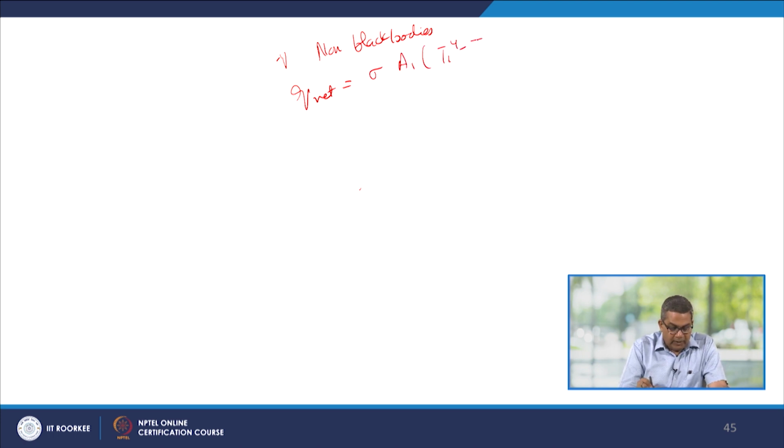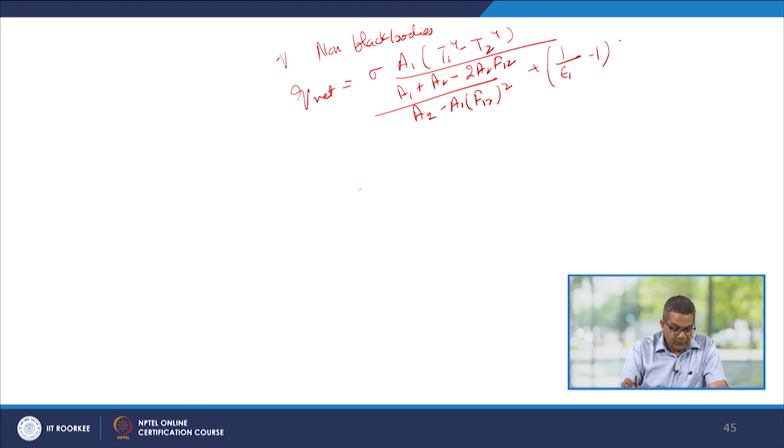Now for non-black bodies connected by a third surface which is not exchanging heat, Q net is equal to small sigma A1 (T1 to the power 4 minus T2 to the power 4) over [(A1 plus A2 minus 2A2 F12) over (A2 minus A1 F12 square) plus (1 over epsilon 1 minus 1) plus A1 over A2 into (1 over epsilon 2 minus 1)], where epsilon 1 and epsilon 2 are the emissivity of surface 1 and 2 respectively.